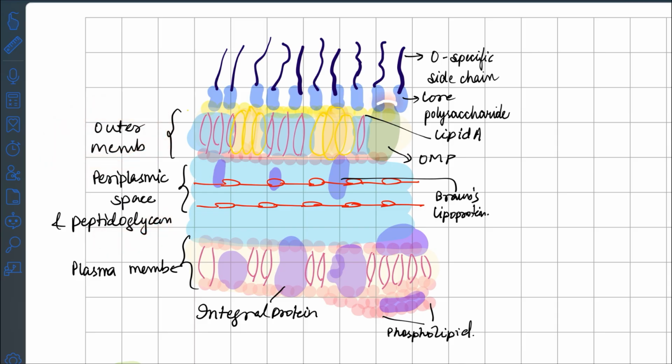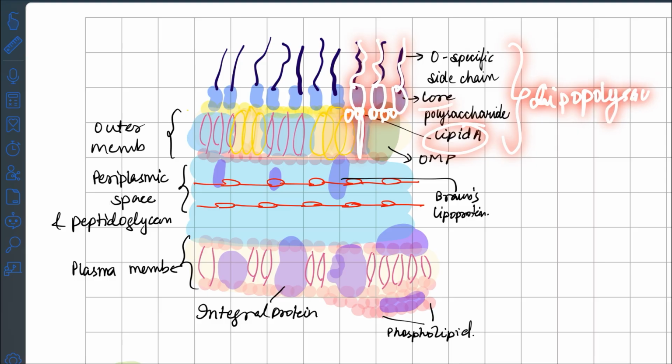This outer membrane has outer membrane protein C, also known as porin. Then above it is the lipopolysaccharide layer. These round structures are the lipid A. Above it is the core polysaccharide, and above it is the O-specific side chain. These three constitute the lipopolysaccharide or the LPS.